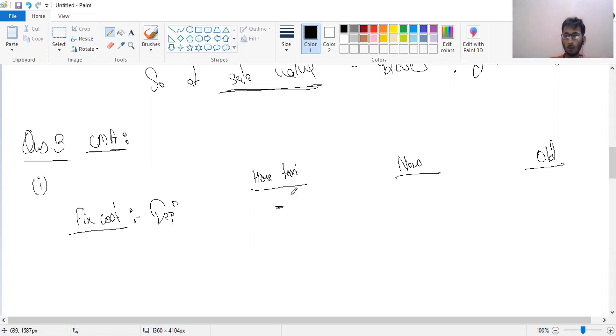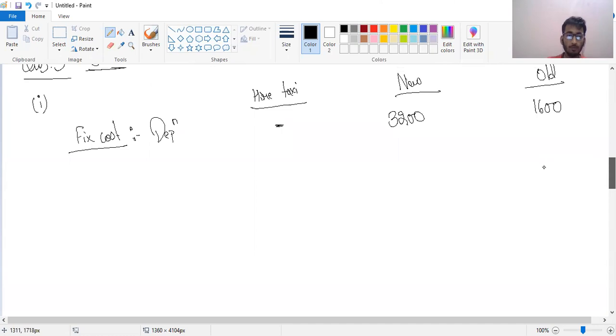I hope you guys know how to calculate depreciation. So 16,000 divided by 5 would be 3,200. And for the old car, it would be 8,000 divided by 5, or 1,600. Any other fixed cost?